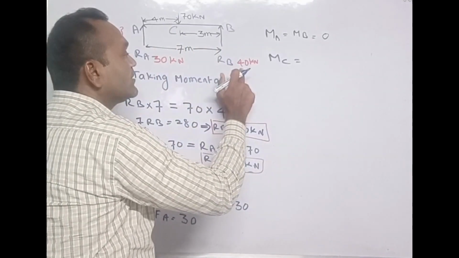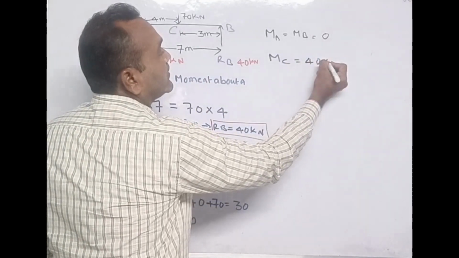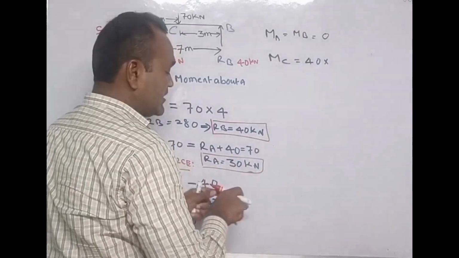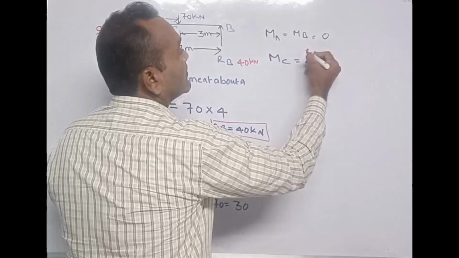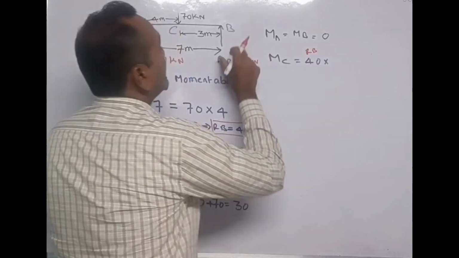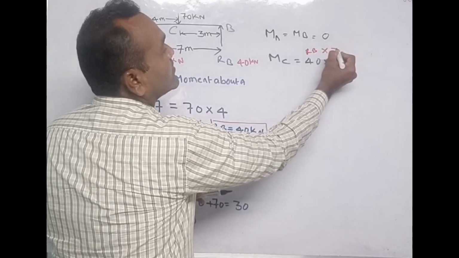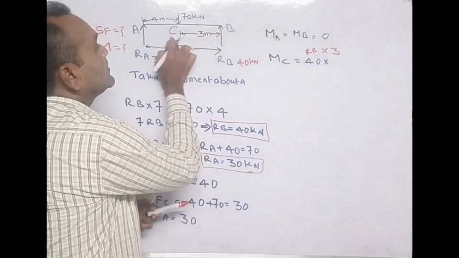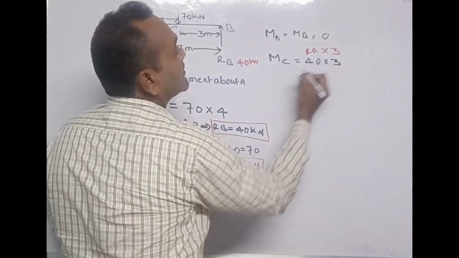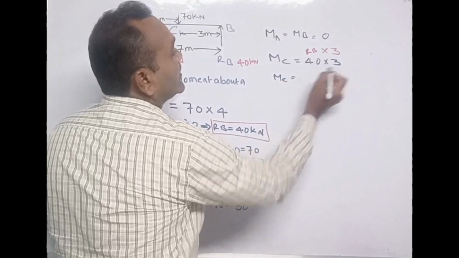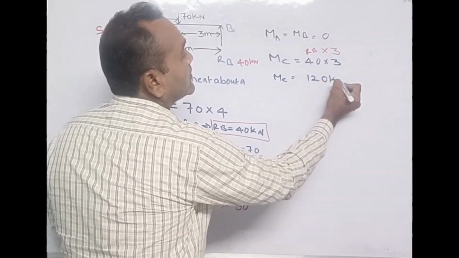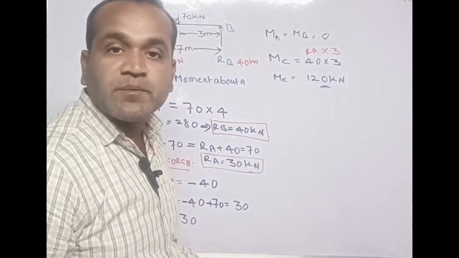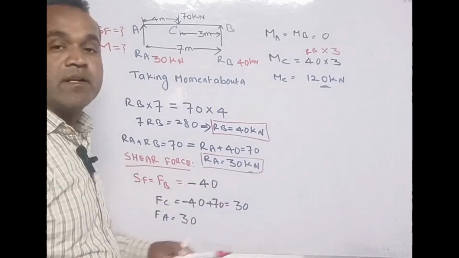Let us take RB, 40 times 3. RB means 40, and here the distance up to C is 3 meter. So moment at C is 40 times 3, 120 kilonewton meter, or 30 times 4, it will be 120 kilonewton meter. So we have got moment at C.